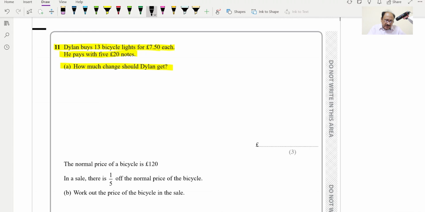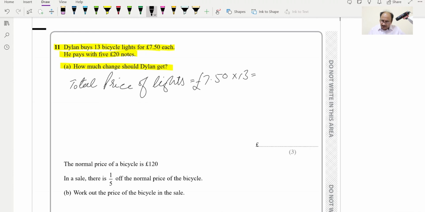So 13 lights, total cost of lights. So the total price of lights will be equal to 7.50 pounds, and this will be multiplied by 13.